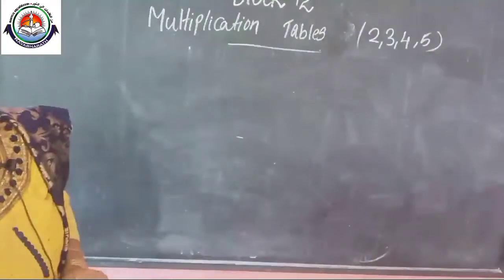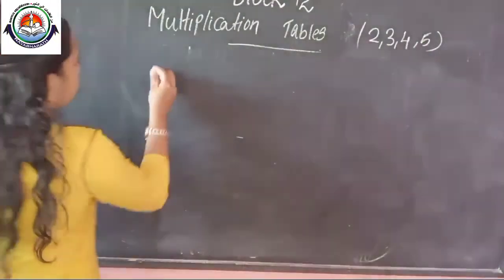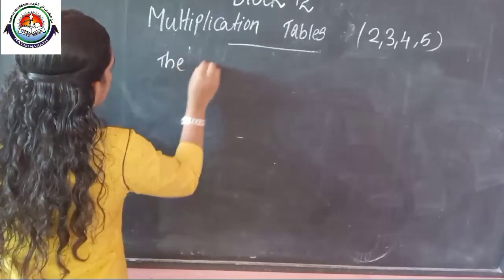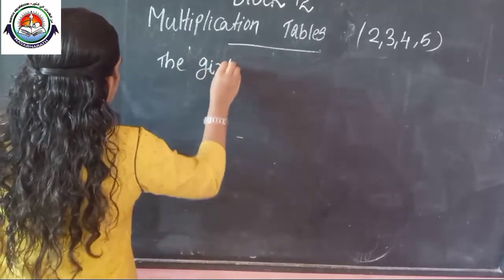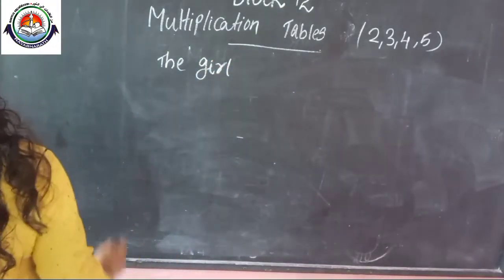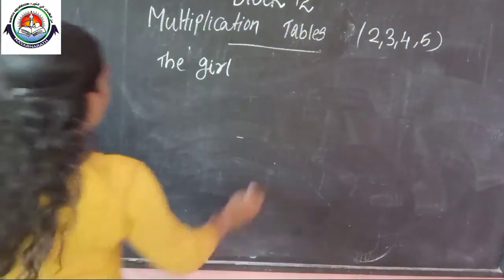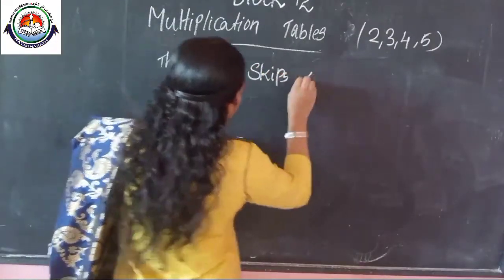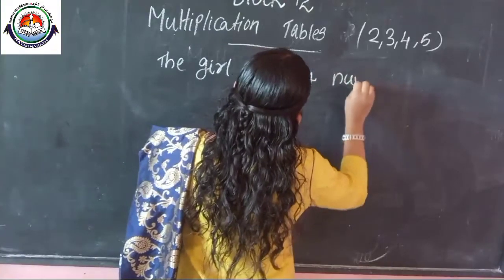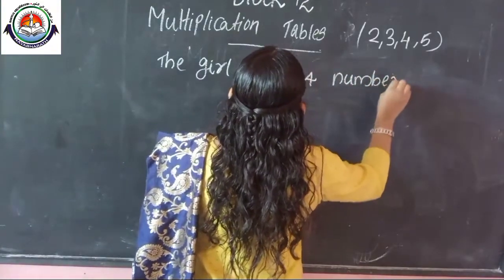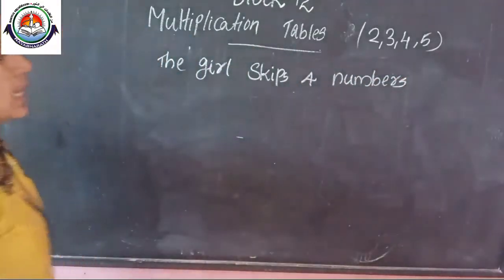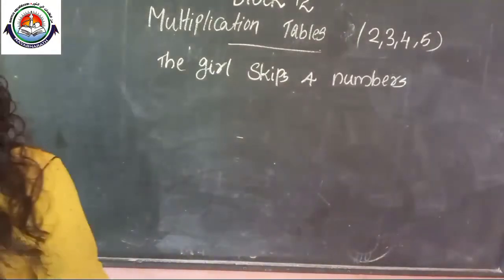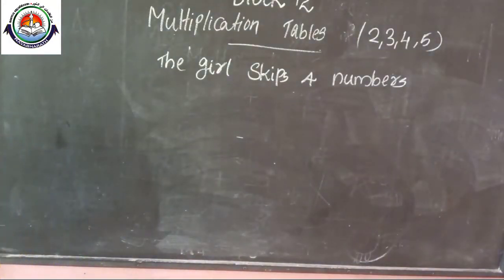Write the question: the girl skips 4 numbers each time she jumps.